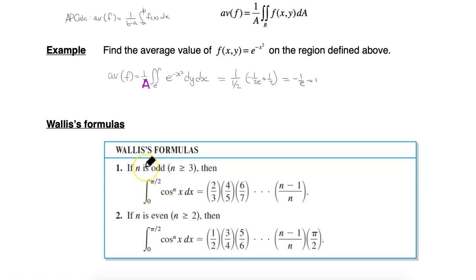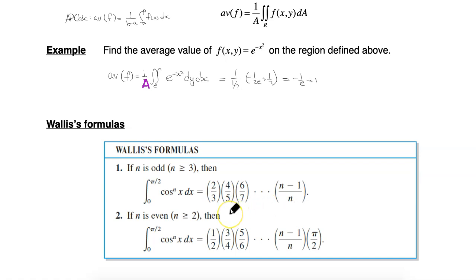If we have an odd power, like n equals 5, then the integral from 0 to pi over 2 of cosine to the 5th power of x dx is given by this expression, and it depends on the value of n. If we chose n equals 5, then the integral is 2 over 3 times 4 over 5. If n equals 7, then it's 2 over 3 times 4 over 5 times 6 over 7. So we go up to n at the denominator.